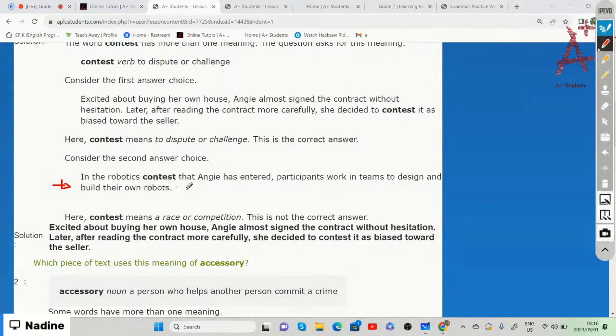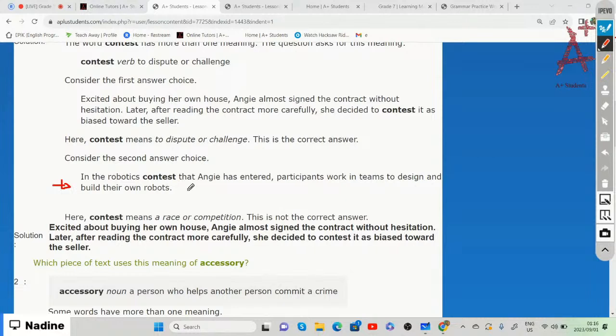In the robotics contest that Angie has entered, participants work in teams to design and build their robots. So in this case, this contest is a race competition. It's like contest, contestants, right?